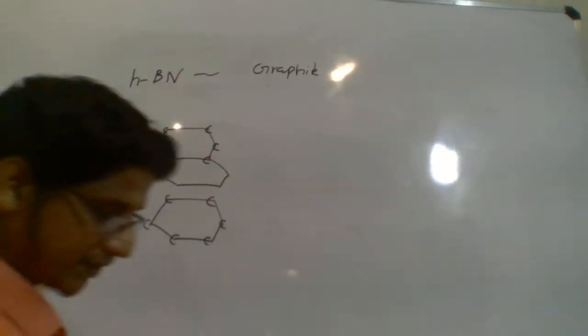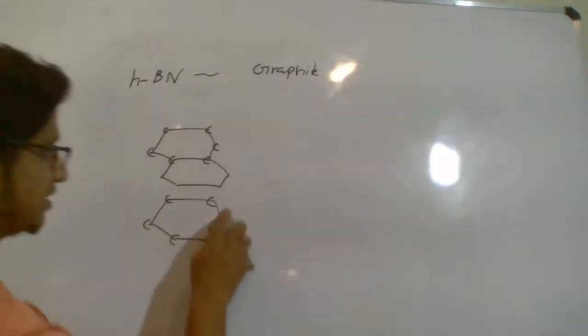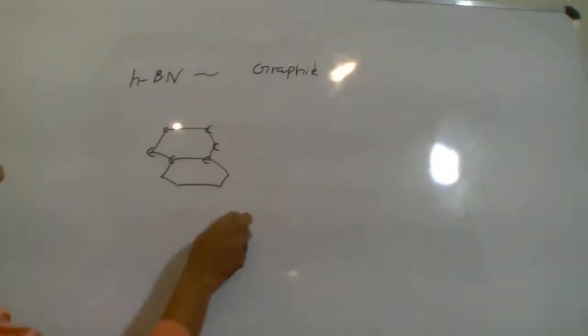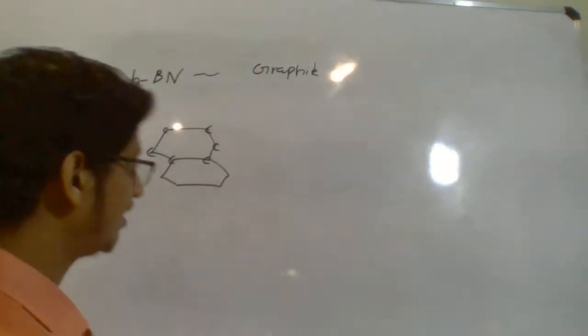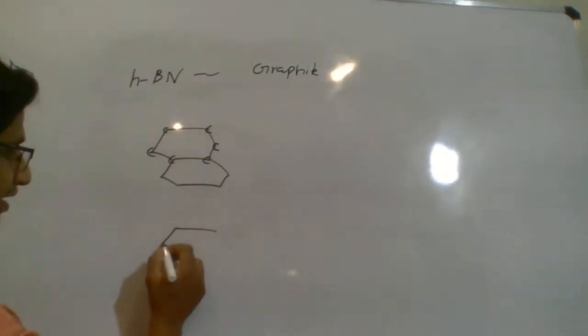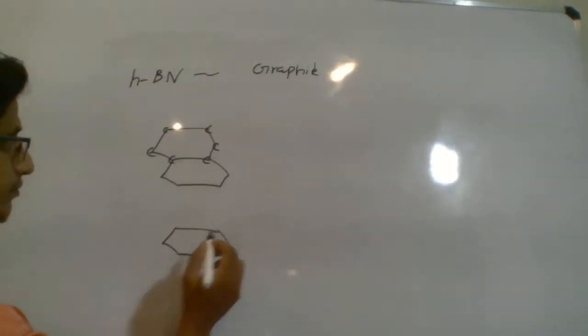This is one upper layer, just like different pages. This will be one layer, and at the bottom you will see another layer, like that. You have a layered hexagonal structure.